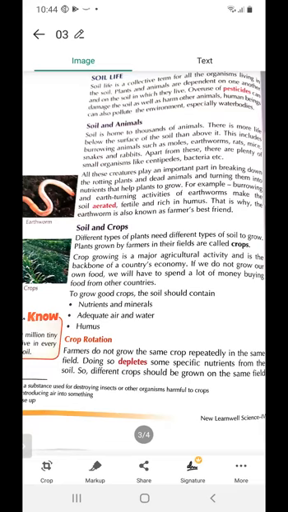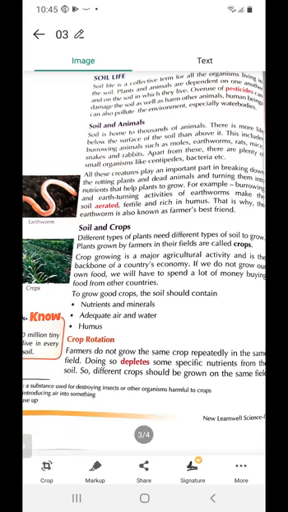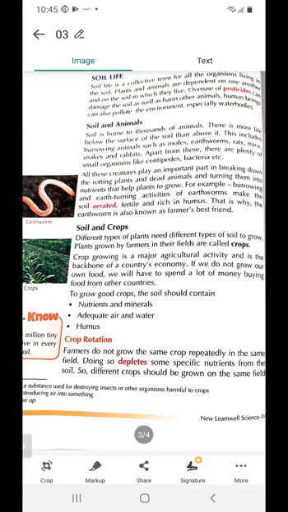As we know, animals eat plants, so animals are dependent on plants. They also depend on the soil, because plants grow in the soil.